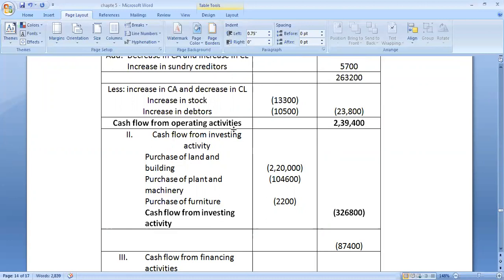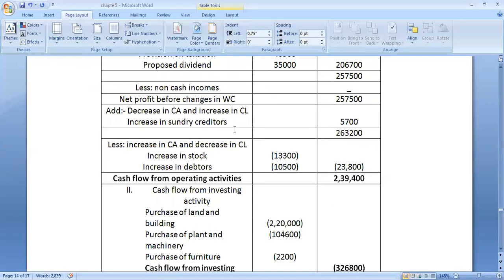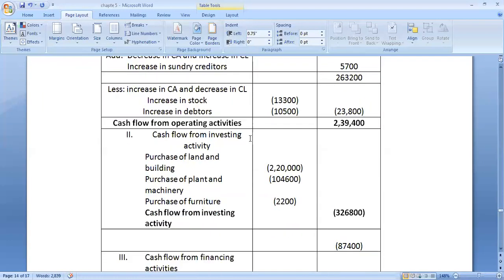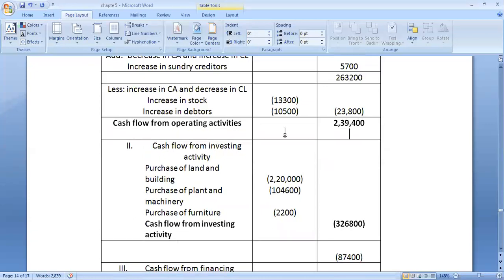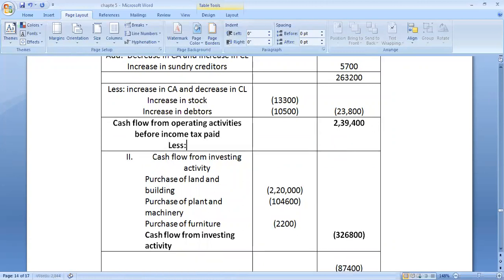Cash flow from operating activity we have calculated, but we have not taken still the income tax paid. Okay, so that should be taken here. So take 2,39,400 as cash flow from operating activities before income tax paid. So now reduce the income tax paid.